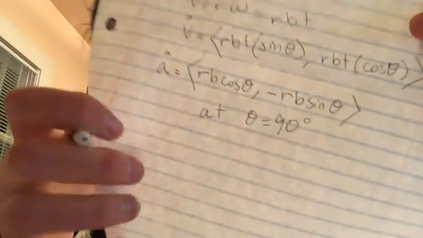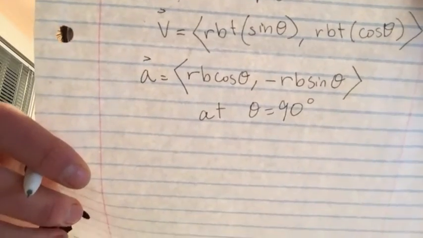And at the time we're looking at, theta is equal to 90 degrees. So we want to evaluate this for 90 degrees. We know that the cosine of theta, not sine, is equal to 0.